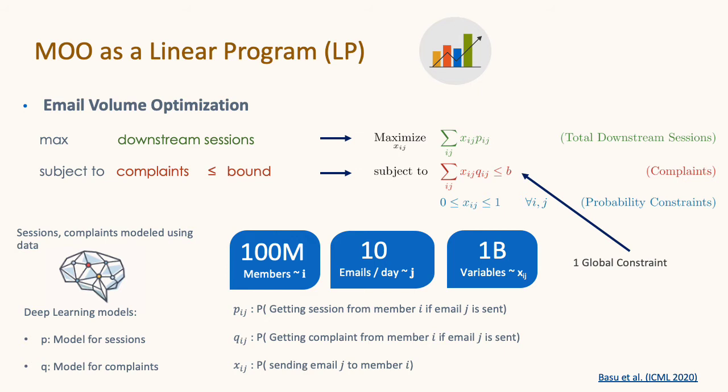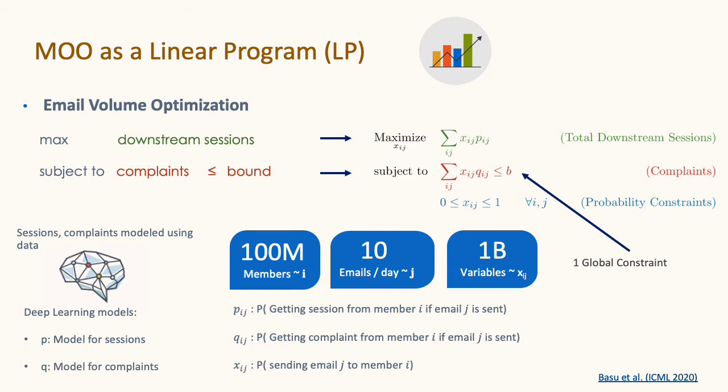So now our objective, which is the downstream sessions, can be represented as the expected number of sessions, which is nothing but the sum over ij, x_ij times p_ij, and the expected number of complaints, which is the sum over ij, x_ij times q_ij, can be bounded by a constant b.